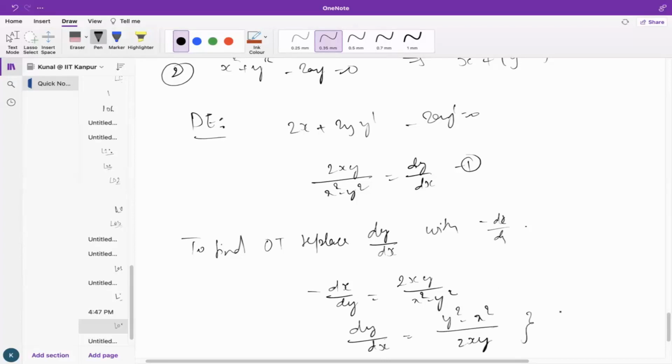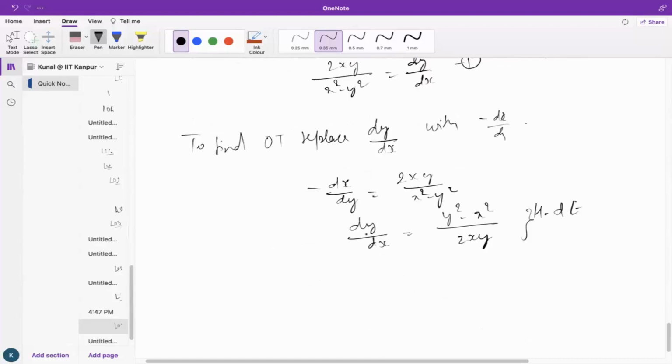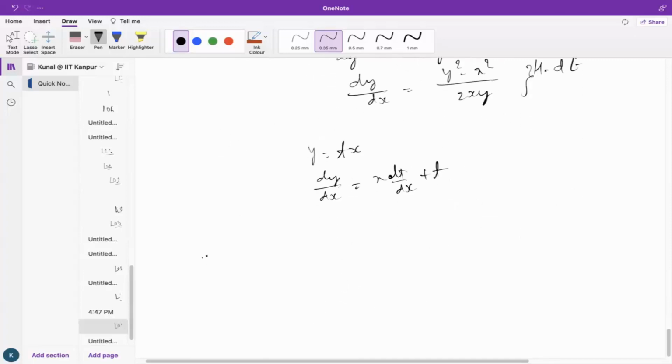Now this is actually a homogeneous differential equation. So what we have to do here is just substitute y is equal to tx. So we will get dy by dx is equal to x dt by dx plus t. Just replace it by that. We have already dealt with this kind of thing, so it is not a problem.